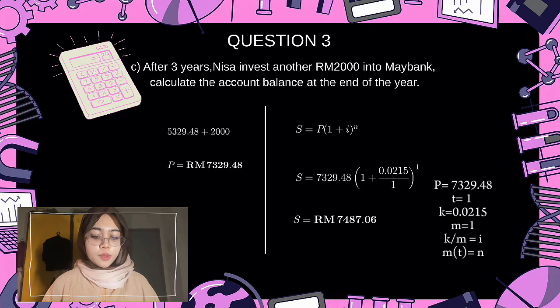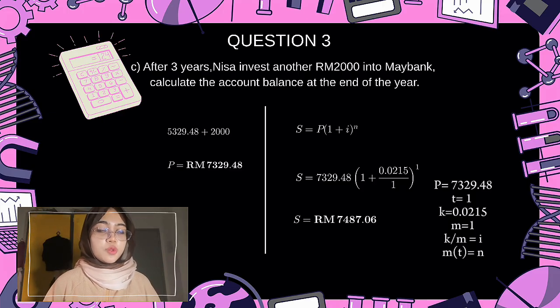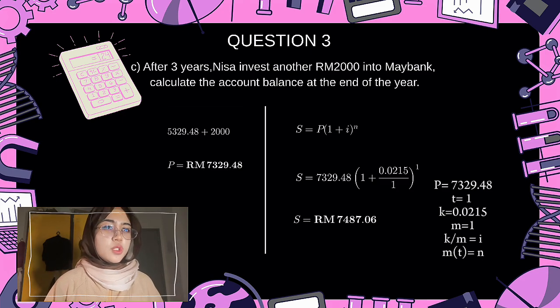To get the I, we must use K divided by M, which is 0.0215 divided by 1 equals 0.0215. To get the N, we must use M times T, which is 1 times 1 equal to 1.